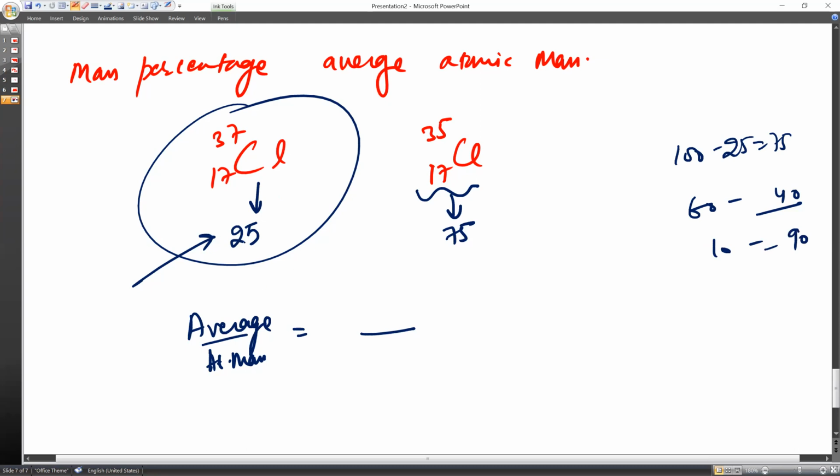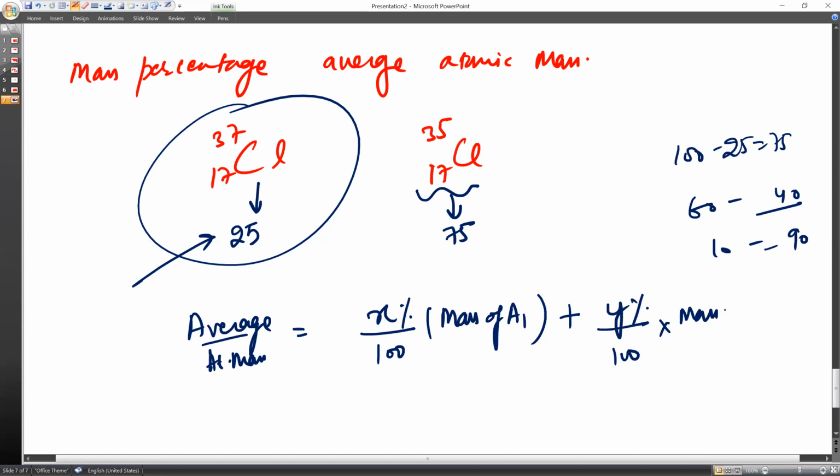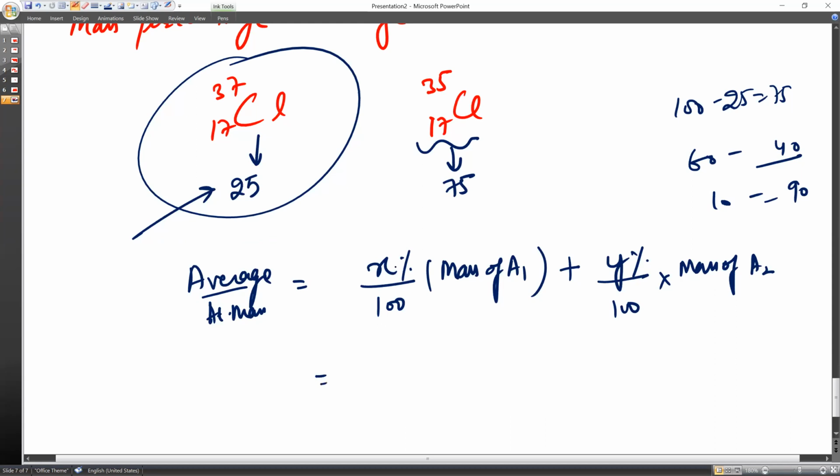If I'm saying 25% of this one, we write here: x percentage of the first one upon 100, into the mass of the first isotope A1, plus y percentage, the other percentage, upon 100 into the mass of A2, the other isotope. So this means that x% is 25% and the other is 75%.